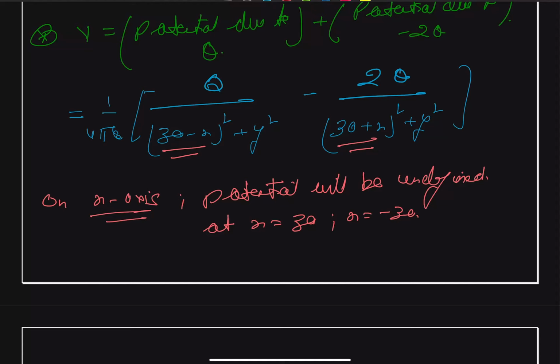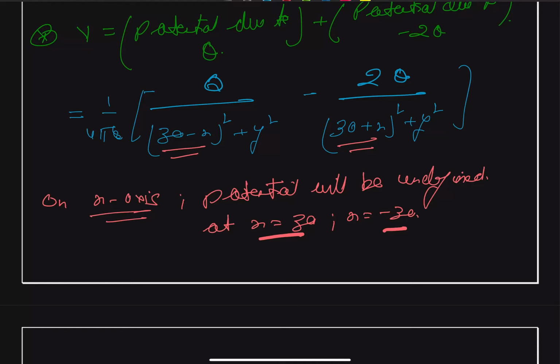So we are going to take different values of x and find out how the potential is going to change, except these two values, because it will be infinity at these two values.